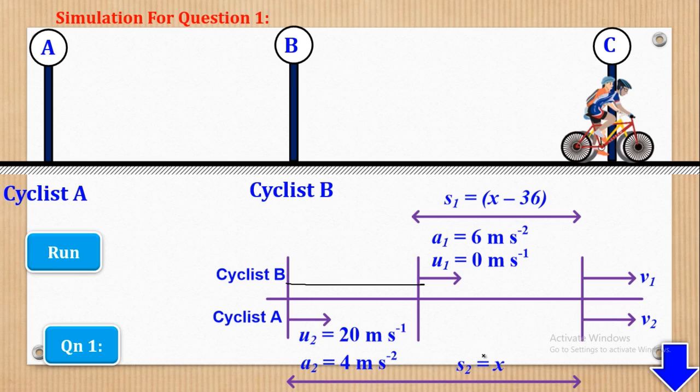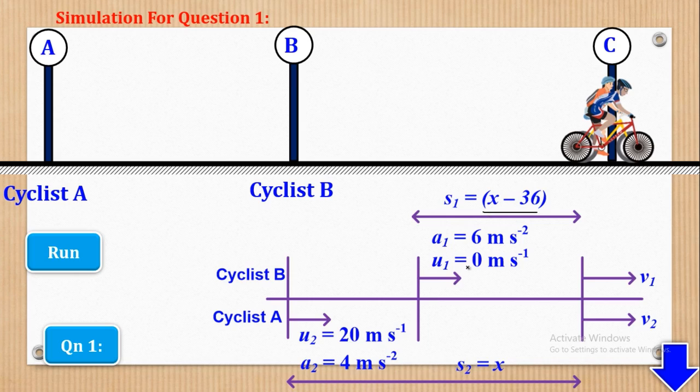It implies that cyclist B will have moved a distance of x minus 36, because from here to here is 36 and from here to here is x. Therefore this remaining part will be x minus 36. So that is why here we put s2 equal to x minus 36.